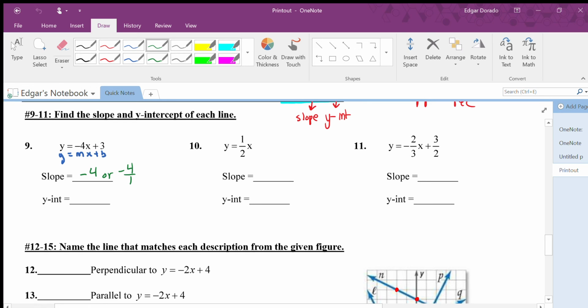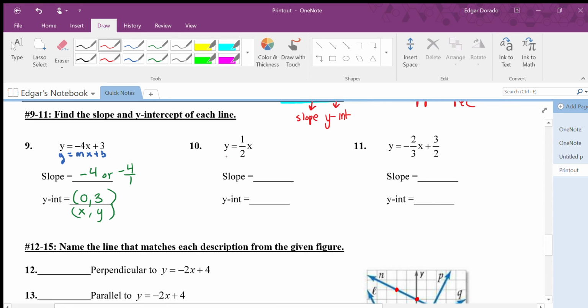And my y-intercept, my b, again, you have to write it as an ordered pair, is (0, 3). Remember where the y-intercept is on a graph, guys. It's right on the y-axis, so it didn't move left or right. So it's still 0 for x, but my y value is at 3.